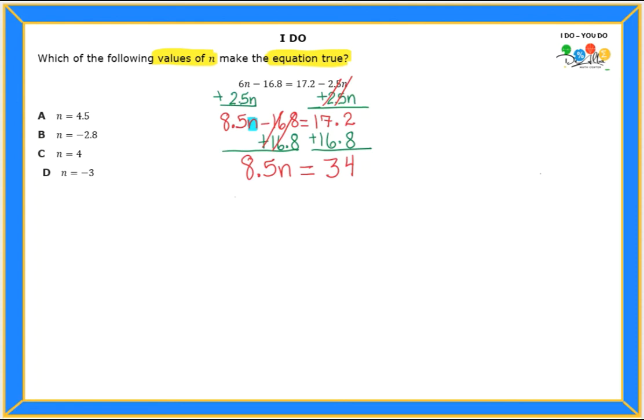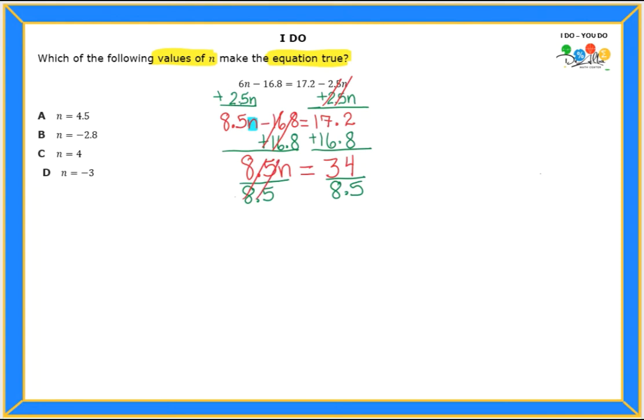I still need to get rid of the 8.5. Since that is multiplying the n, the opposite of multiplying is dividing. Then I need to divide both sides by 8.5. And remember, whatever you do on one side, you do to the other side. So what's going to happen to my 8.5 and 8.5?